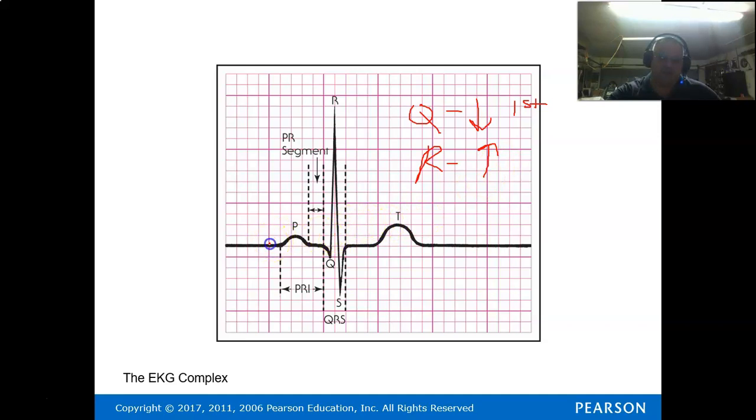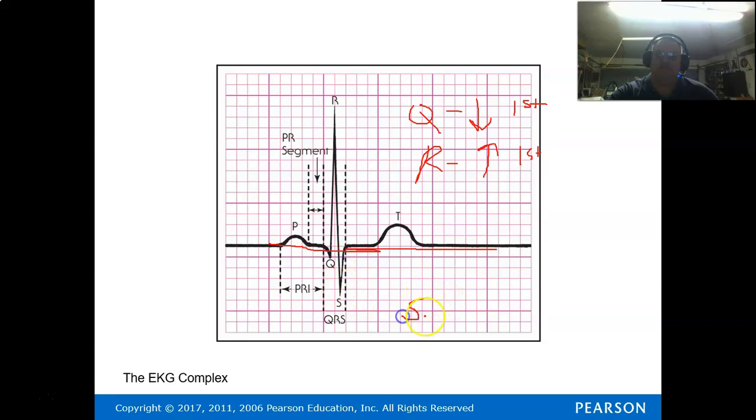And there is your isoelectric line. So when it shoots up, that's the first upward deflection above the isoelectric line. So technically this is still an R wave until it gets to right about here. When it gets to here, it then becomes the S wave.